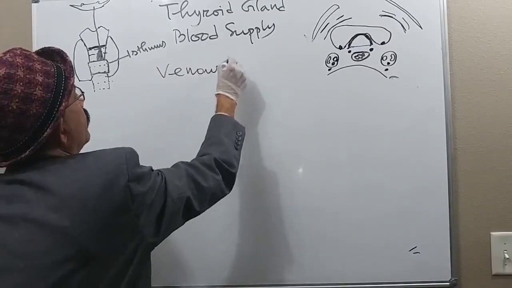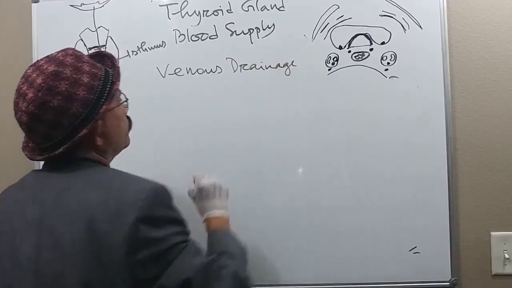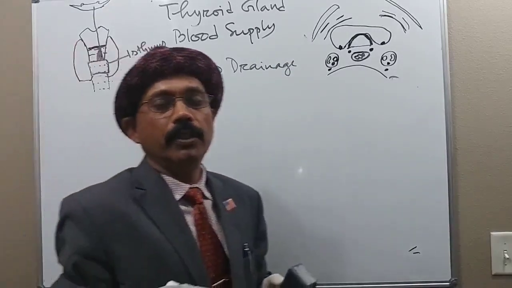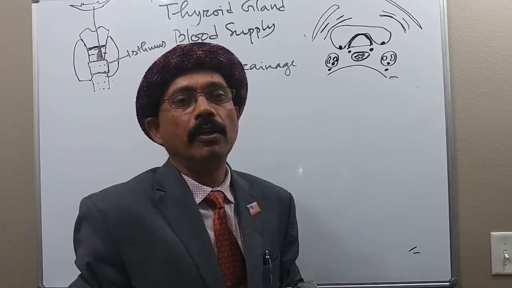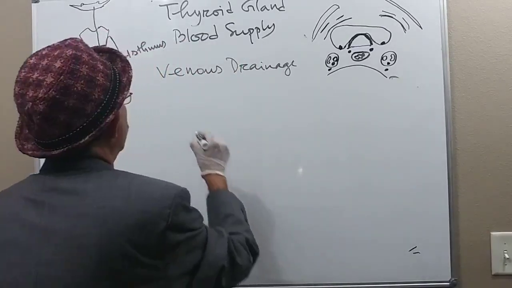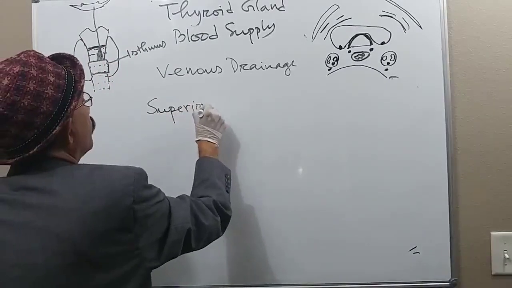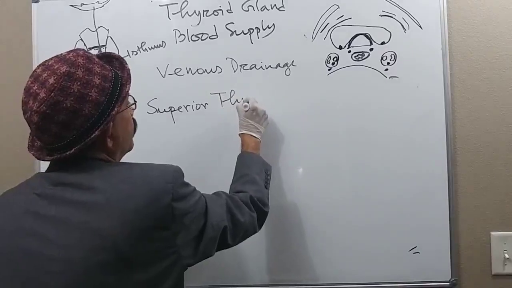Venous drainage. Venous drainage is by the superior thyroid vein, middle thyroid vein, and inferior thyroid vein.